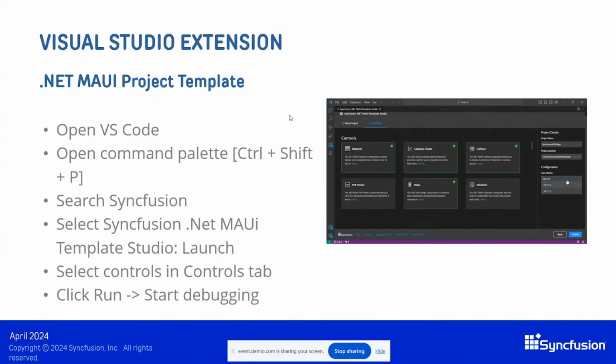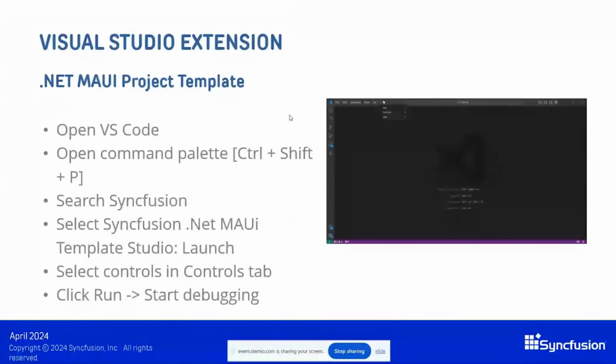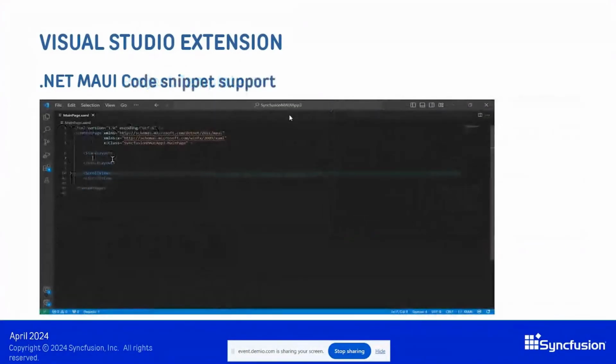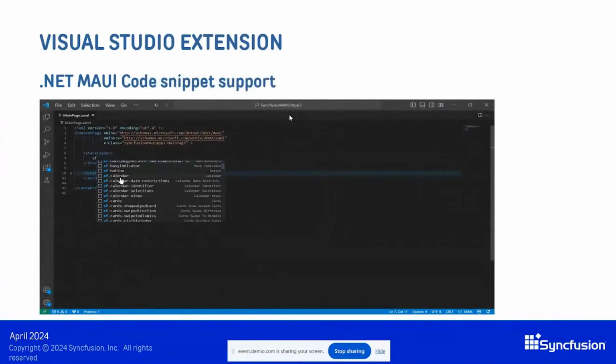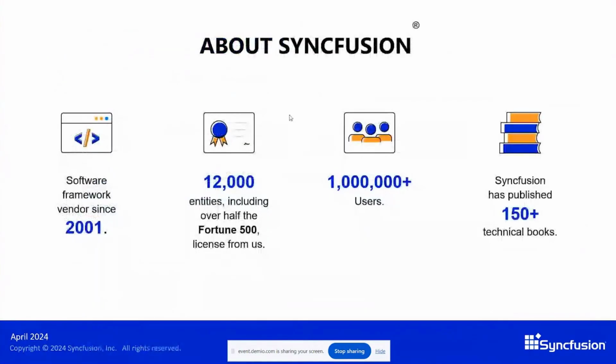You can select the controls from the tab. After selecting the controls, you can run the application by clicking Run, Start Debugging. And we have also provided .NET MAUI code snippet support. Thank you.